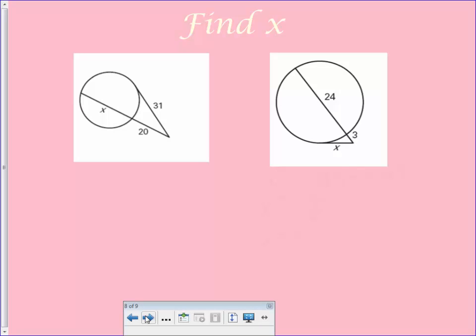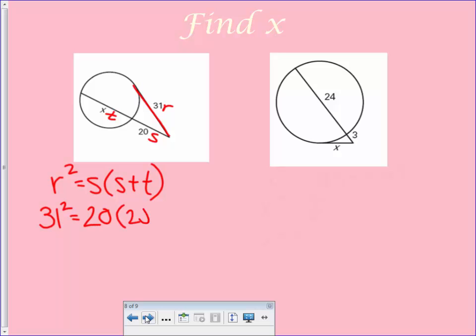All right, first one. Identify where your tangent line is. Tangent line is here, so this is my r, s, and t. So we have r squared equals s times s plus t. So 31 squared equals 20 times 20 plus x. Okay, so r squared is 961.